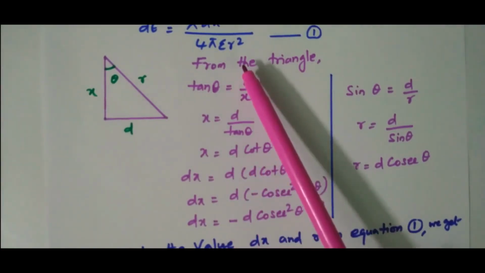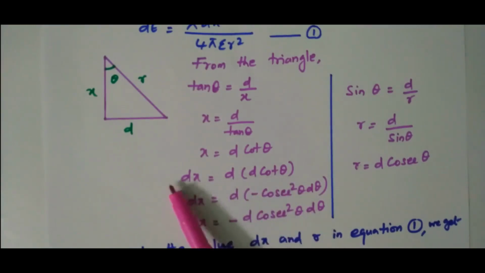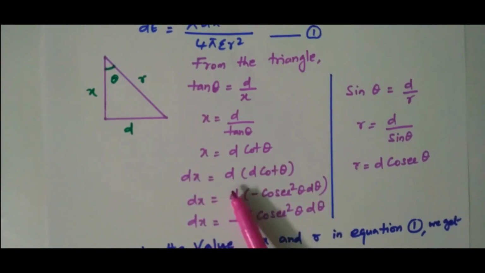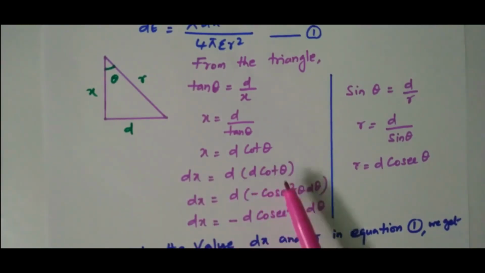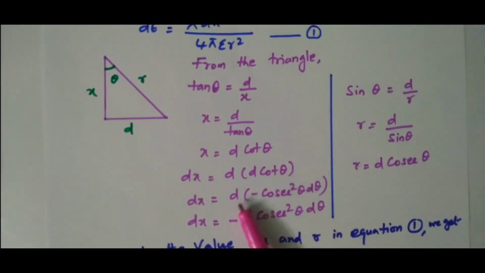But here what we need is dx. So differentiate on both sides. dx equal to differentiation of d cot theta. d is taken outside. Differentiation of cot theta is minus cosecant square theta d theta. Therefore dx equal to minus d cosecant square theta d theta.